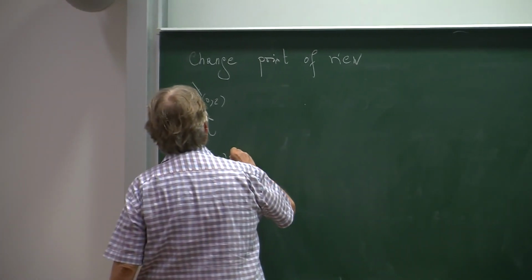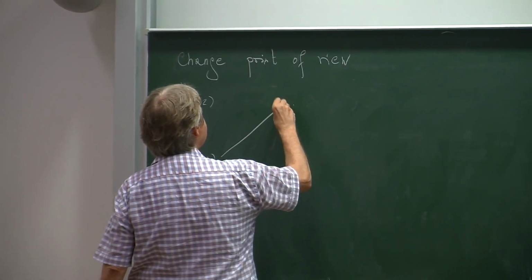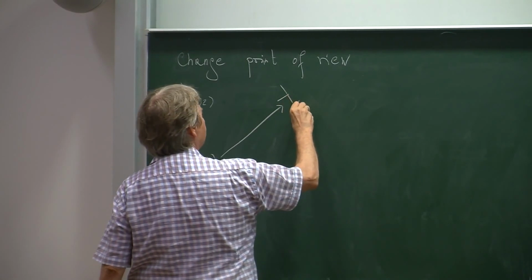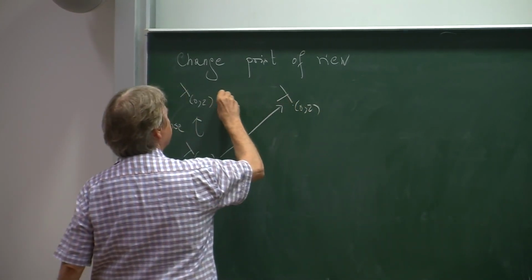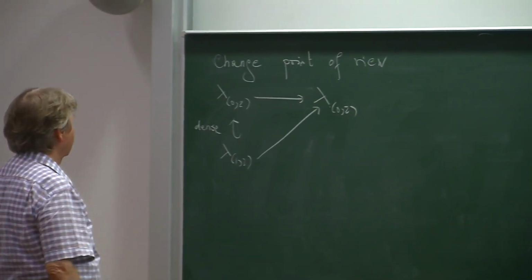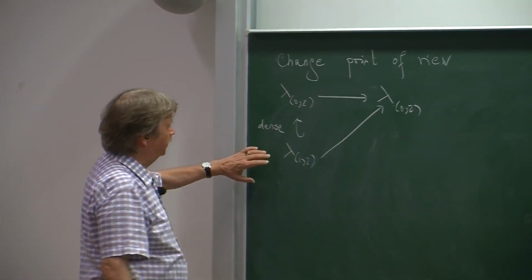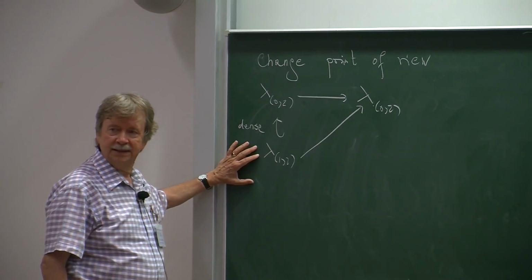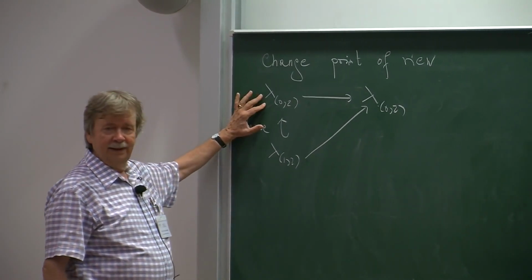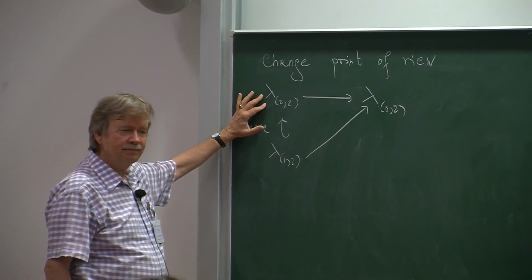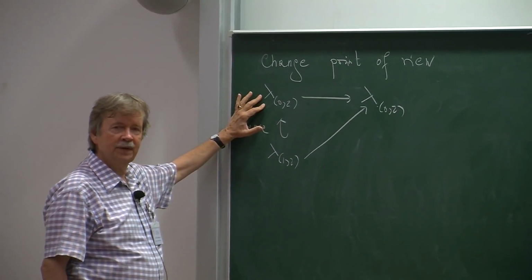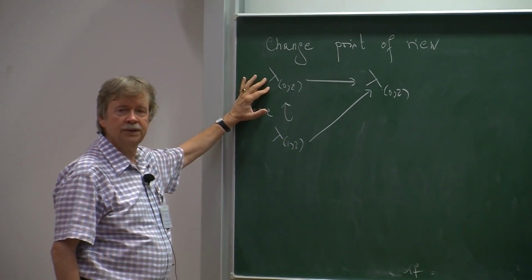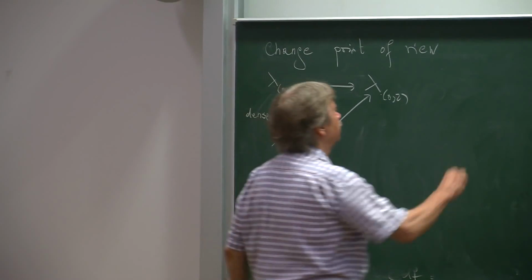And so I could view the operator D as acting here. But then I should agree to drop the boundedness. Inside the same Hilbert space, it is an unbounded operator, which is not defined on the whole space.